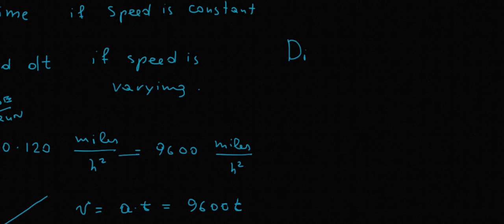Distance traveled by the car equals integral from 0 to half a minute, but again we're going to express that half a minute in hours, so it's going to be 1 over 120 of an hour, and we are integrating 9600 t dt.